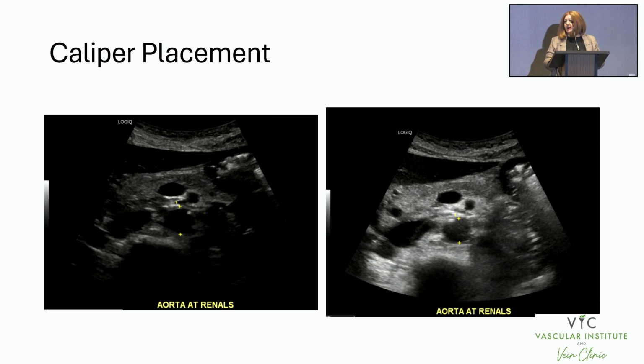Again, Tish talked about how important it is to place your caliper when you're measuring an artery following aneurysmal disease, outer wall to outer wall. Don't just throw that caliper on there and take the image and move on. It puts the provider sometimes in a pickle if one tech just threw them up there and the next tech came behind them and put them appropriately.